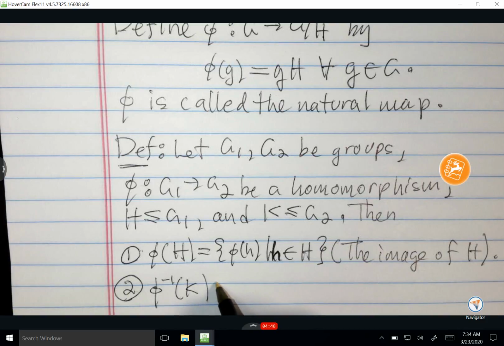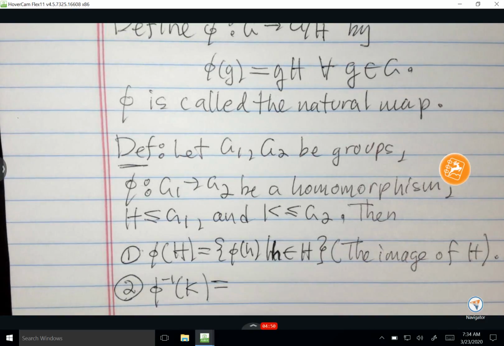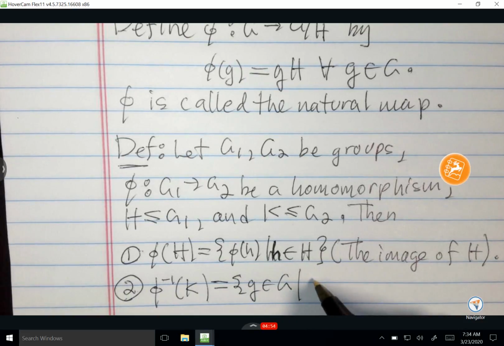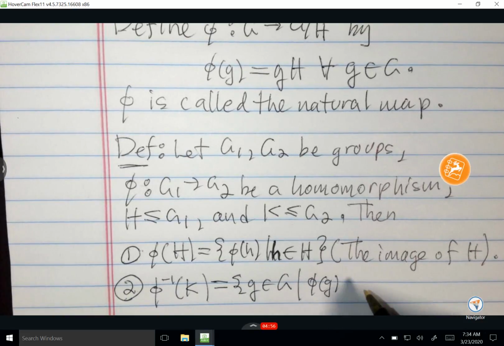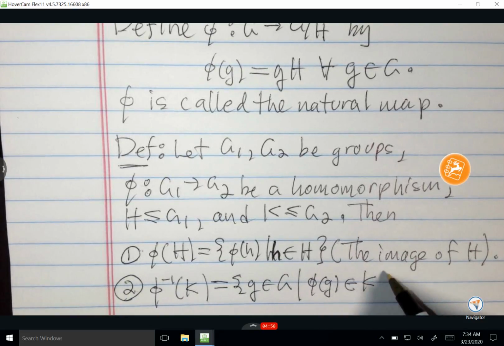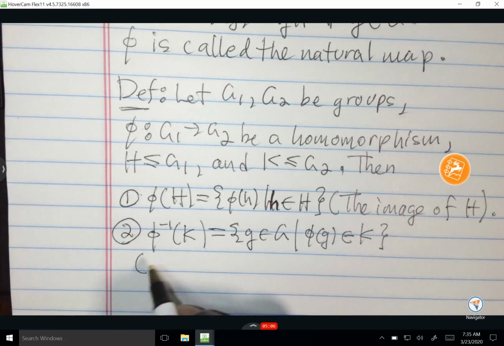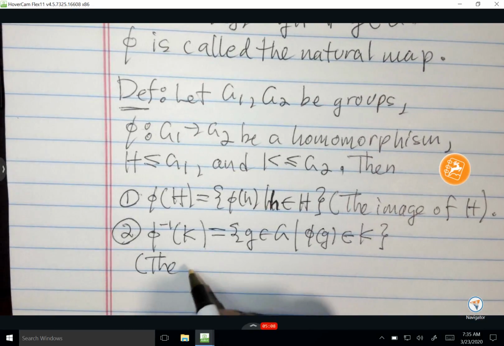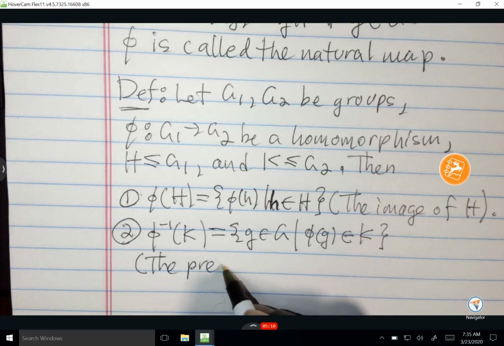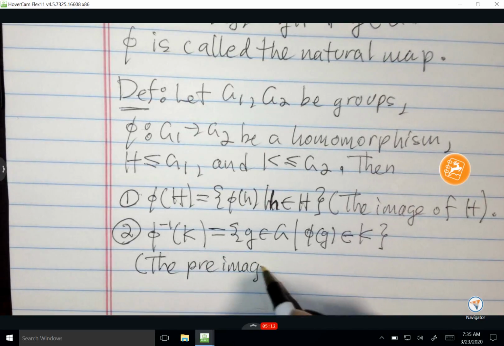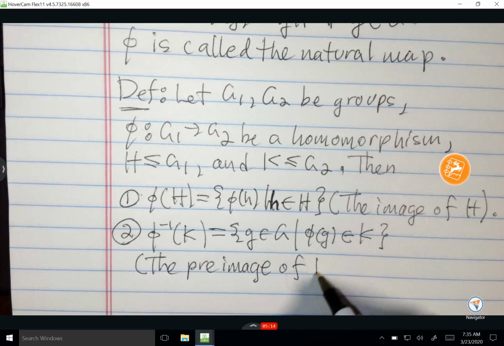It's equal to the set of little g in G, such that phi of that little g ends up landing in K. And it is called the pre-image of K.